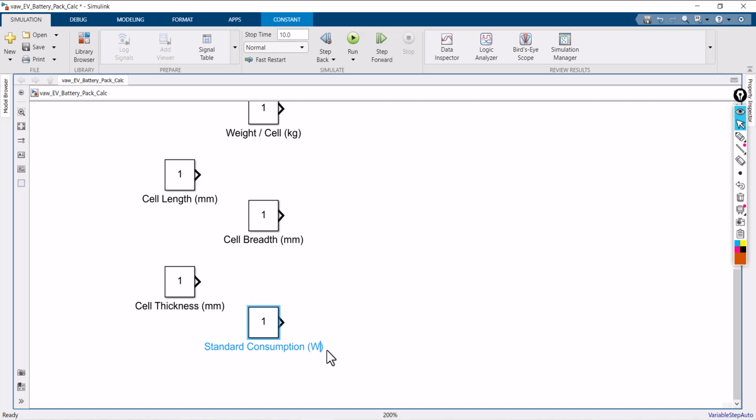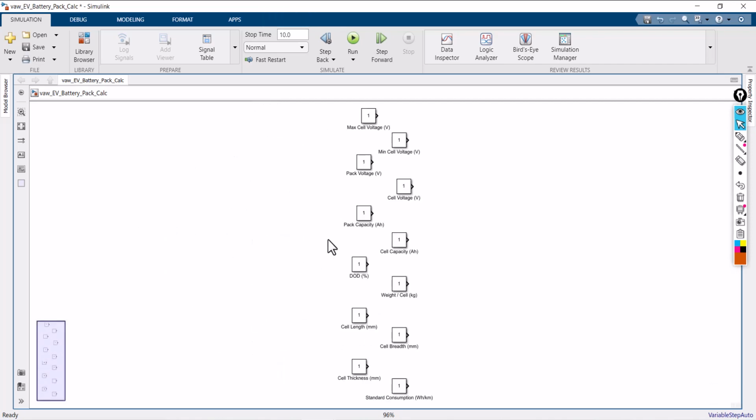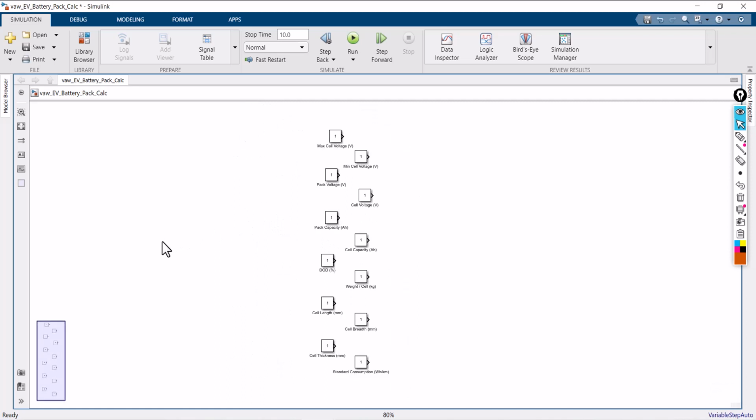Standard consumption, a little bit, is in watt hour per kilometer. So as of now, the inputs are given. Let me put the values also.